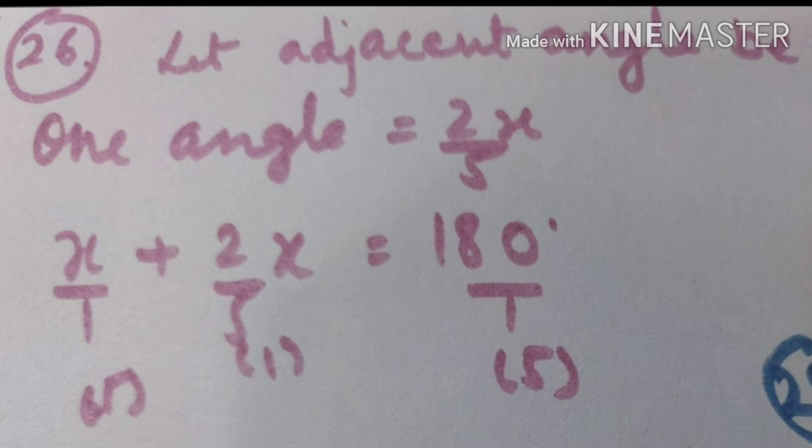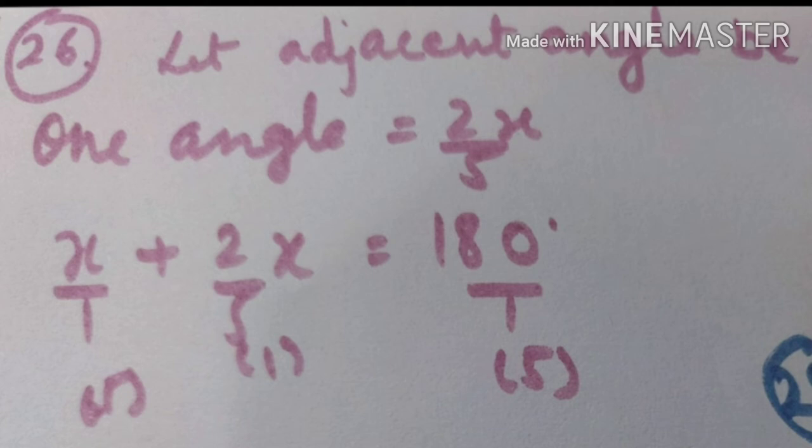But in the next step you have to think by which relation we make the equation. By the property which I just told you, that an angle and the adjacent angle make supplementary angles, meaning the sum of them is 180 degree, so x plus 2/5 x is equal to 180 degree.